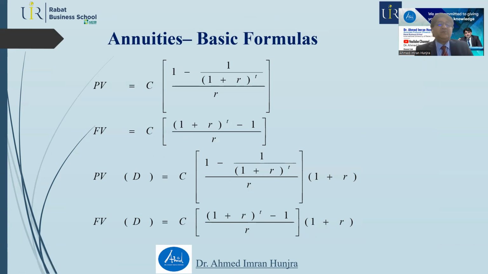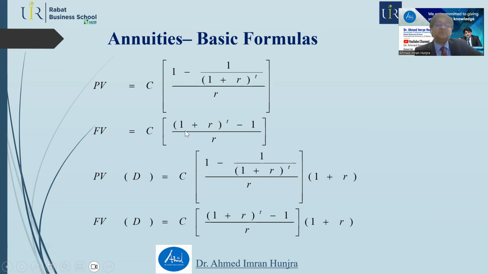So here we have the formulas. If you don't have the table, what is the formula for present value of annuity? R is the series of equal payment, the magnitude of payment, which in the example we took is 1200. Then 1 minus 1 divided by 1 plus I, where I is 10% in the example discussed in the last few slides, and T is 3 years, so we can determine the values.